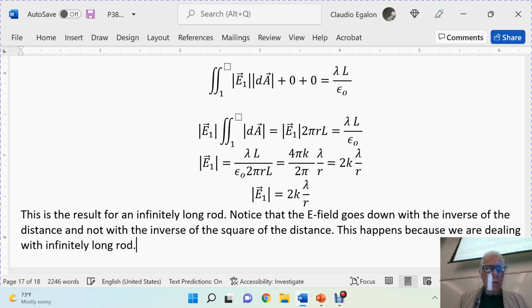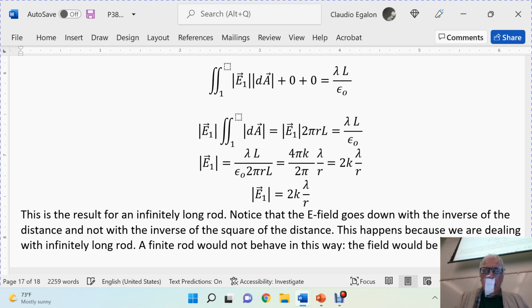A finite rod would not behave in this way. A finite rod would behave with the square of the distance; the field would go down as the inverse of the square of the distance.